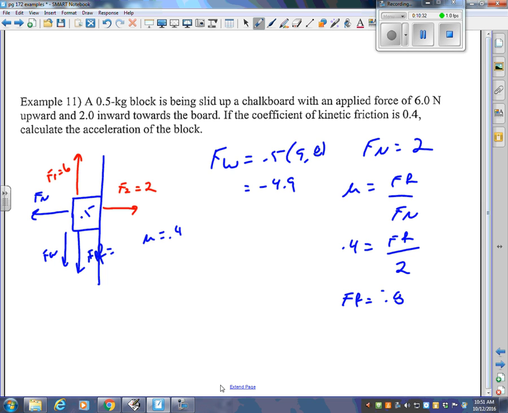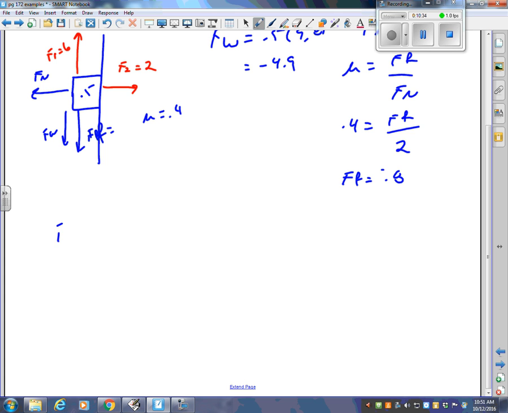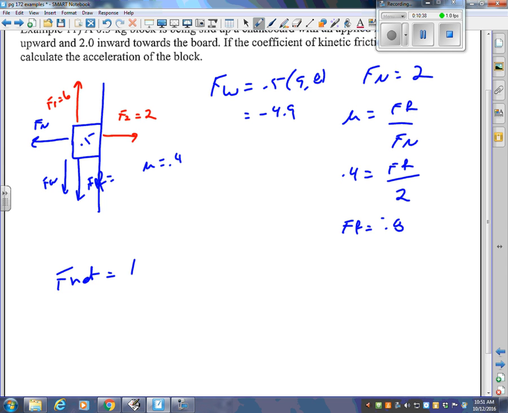Which makes our F net equal to, we'll call it F1 plus the weight force plus the friction force. So it's 6 newtons up minus 4.9 minus 0.8, which gives us an overall net force of only 0.3, right?